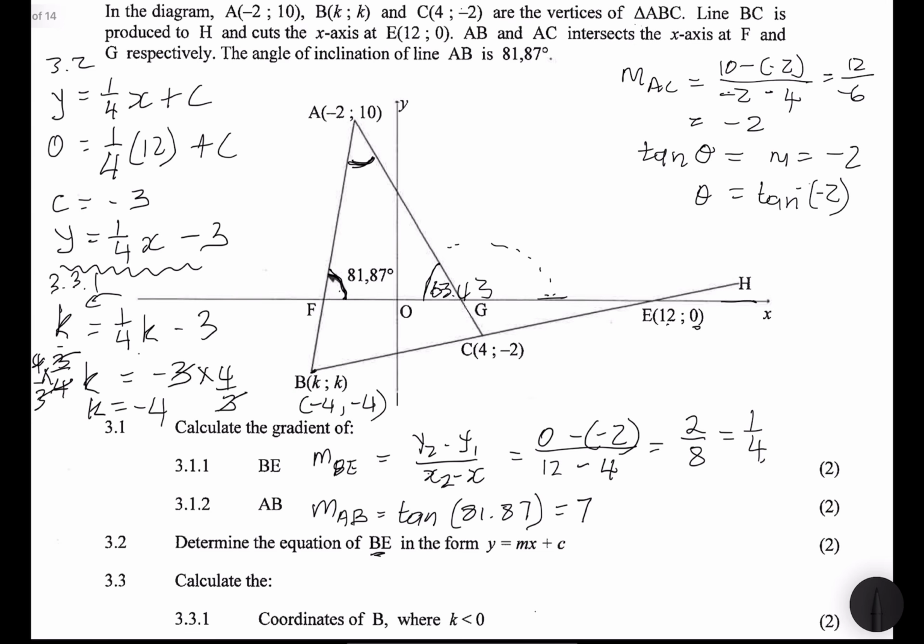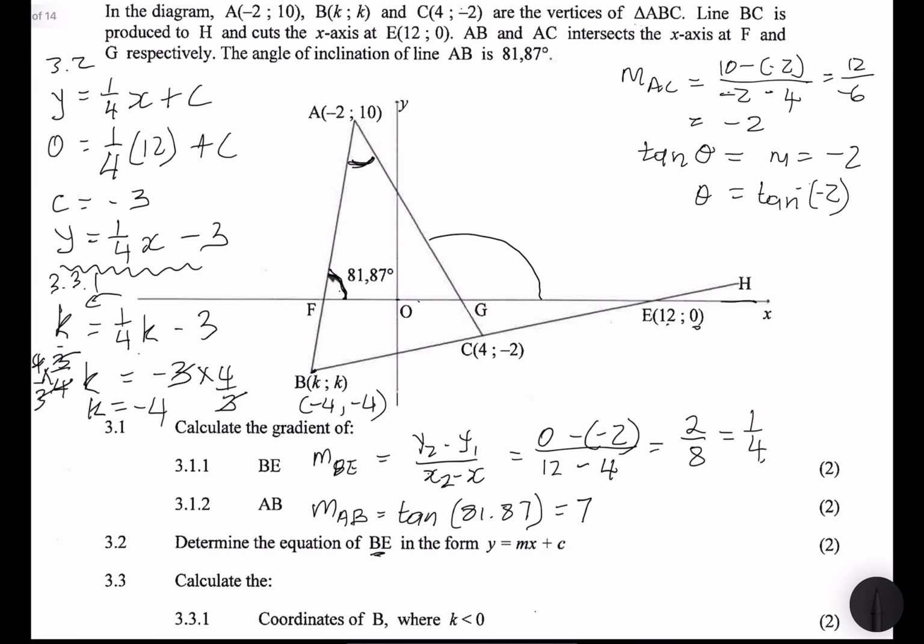But this time it measured this angle from the negative x-axis going clockwise. So we're going the opposite direction, and that's why it's negative. Alternatively, when you get that negative angle, you can add 180 to it, and it will give you this exterior angle here, right?